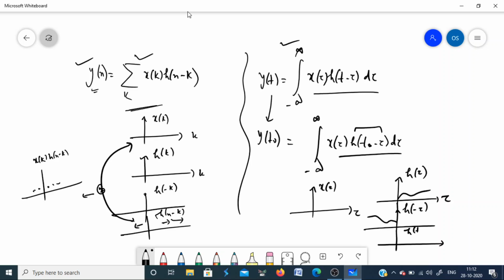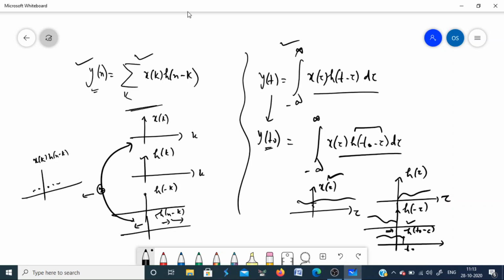So h of t naught minus tau will be the same function, but shifted by t naught. If t naught is greater than 0, it is shifted to the right. If it is less than 0, it is shifted to the left. And then you have to multiply these two signals, x of tau and h of t minus tau, and integrate. You will get the output.